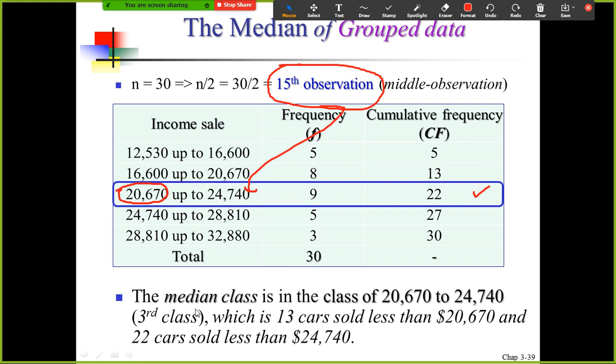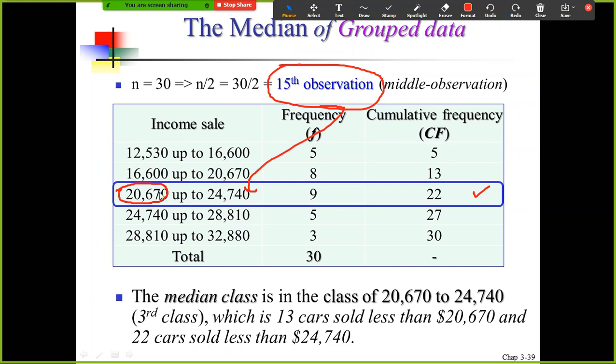Okay. The median class is the class between 20,670 and 24,740. This is the third class, which is 13 cars sold less than 20,000 here, and 22 cars sold less than 24,000 here.